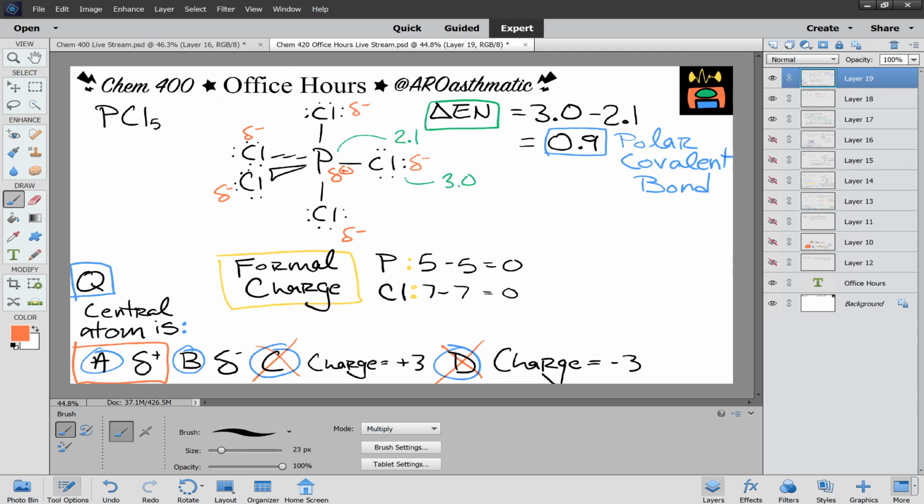Hydrophobic regions are always nonpolar. And that's how you analyze a structure for its hydrophobic and hydrophilic parts.